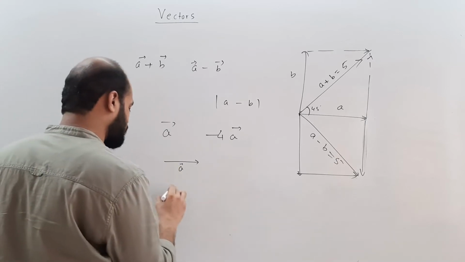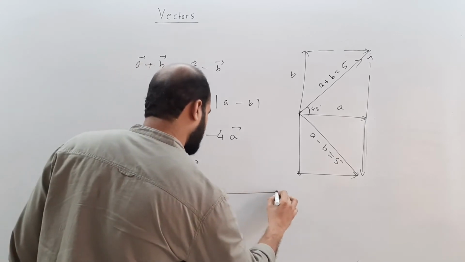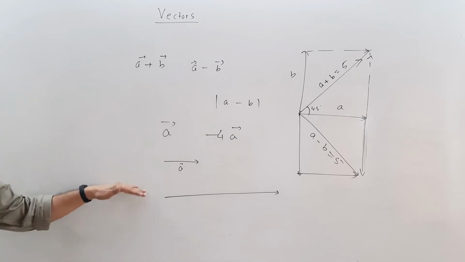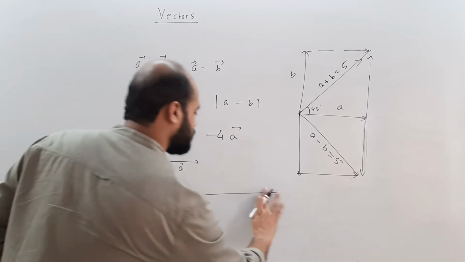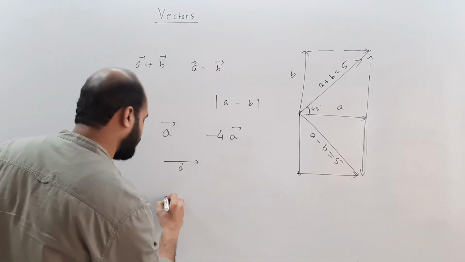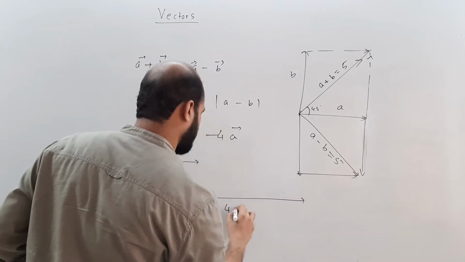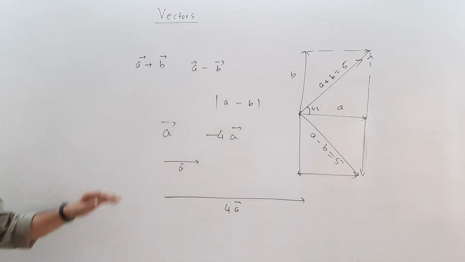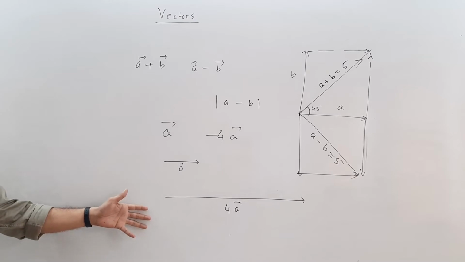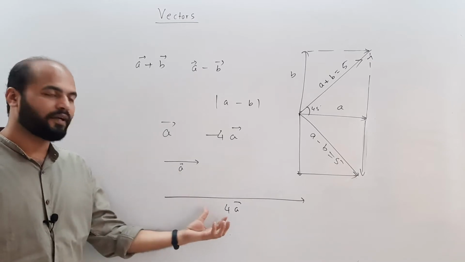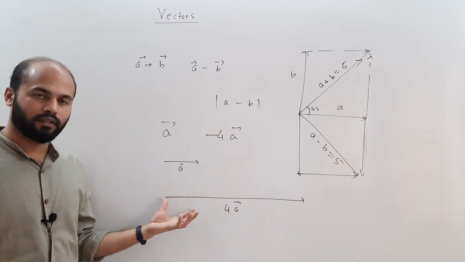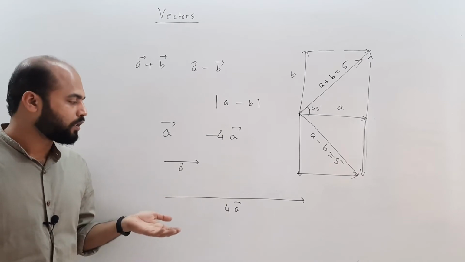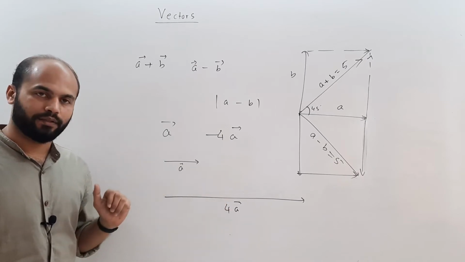That is, if this is the first vector, then the next vector would be 4 times that. Of course, I'll have to draw it 4 times. Would look something like this. But direction remains same because this is just multiplied by 4. It is the same vector but multiplied by 4 units. So this is 4 times the original vector.